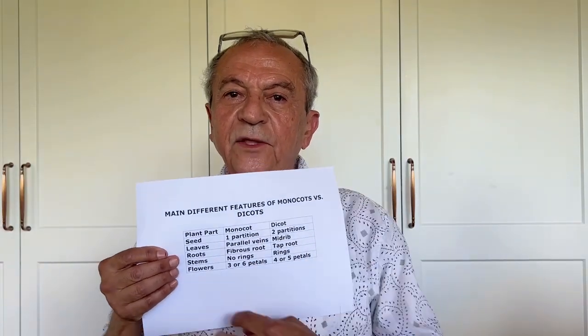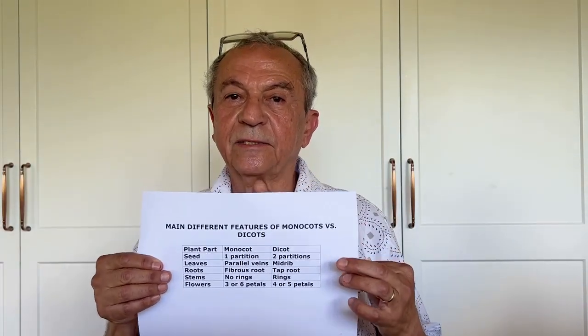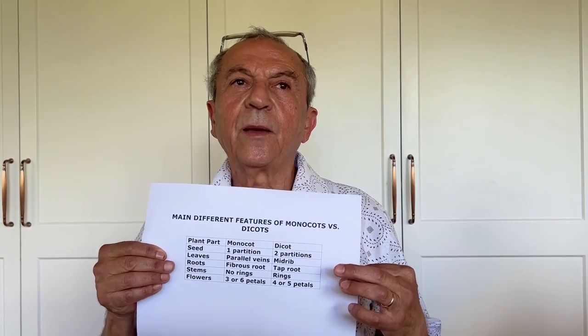Now, these are the main features, main differences. There are many others, okay? But when you look at a plant, and you can see that it has thrown a flower that's got only 3 petals, you say, well, that's the first indication that it is a monocot. Are there any other features that I can look for?